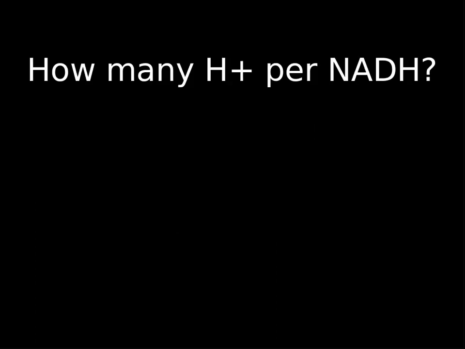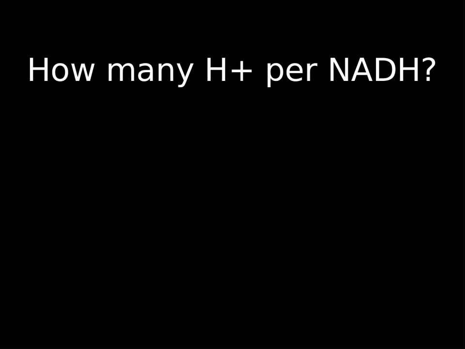Now, let's think about how many protons, and we're going to start counting how many of things are happening here, so we can eventually get to an accounting of, for glucose, how many ATP we actually produce. We're not going to stop here, we're going to go on a little bit before we get there, but keep in mind how many things occur for how many glucose, all the way back to the beginning of glycolysis.